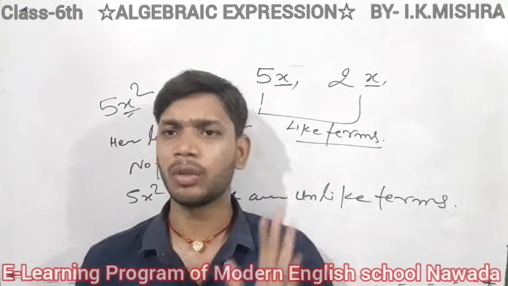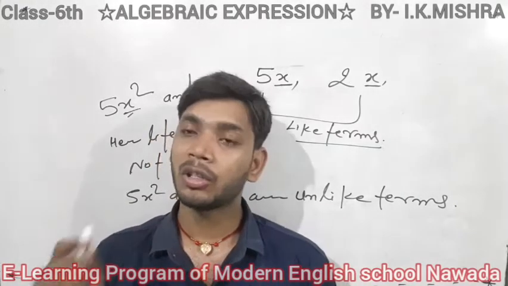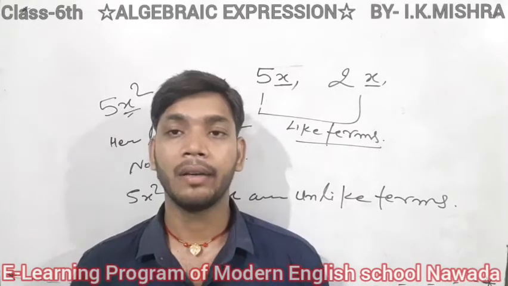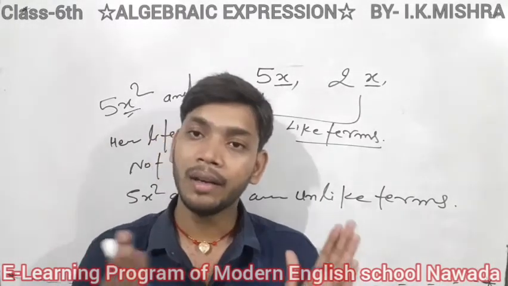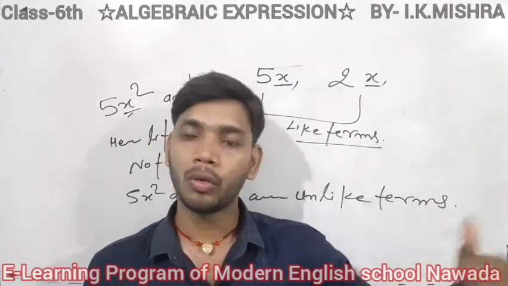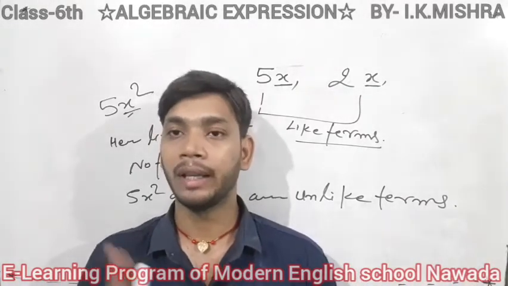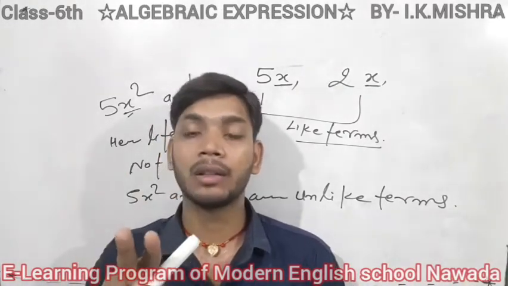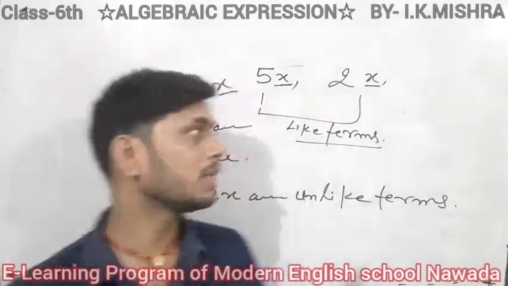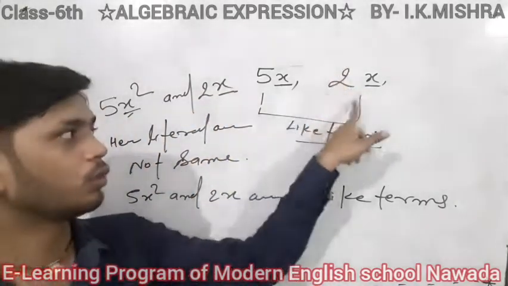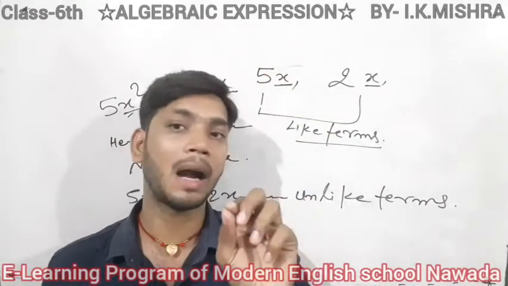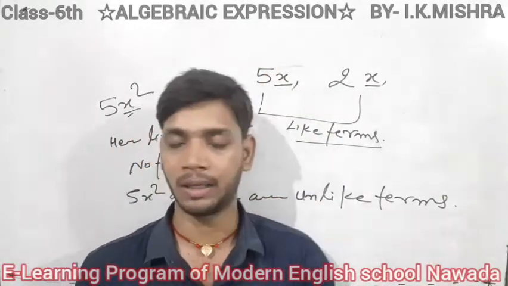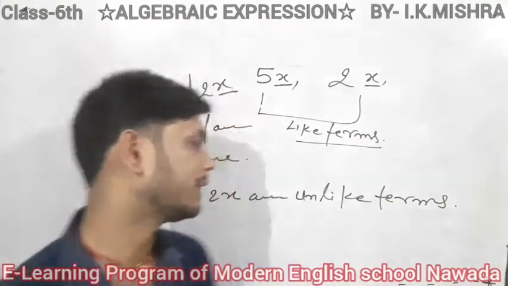Students, always notice addition is done only in like terms, and when there are two or more like terms, then we add their constants. Constant means, students, here 2 is a constant, here 5 is a constant, that means the numeral part will be added or subtracted.